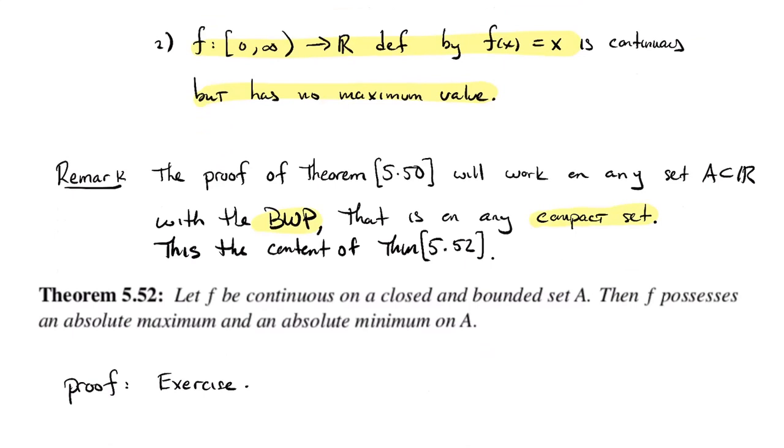So the extreme value theorem that we just proved could be stated on any compact subset of the real line for its domain. That's what theorem 5.52 says, although the author is writing f is continuous on a closed bounded set A, but a closed and bounded set A is basically saying the same thing as a compact set A. So a continuous function on a compact set has a global minimum and a global maximum.